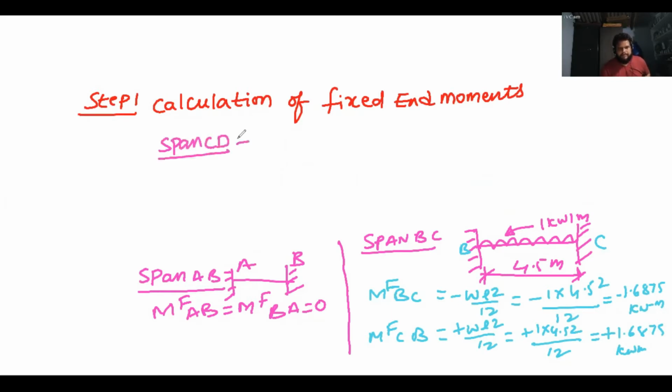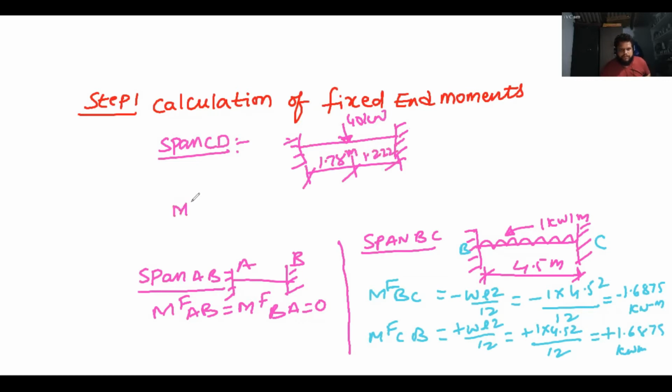For span CD, there is 40 kilonewtons of loading and both ends are fixed. The lengths are given as 1.78 meters and 1.22 meters.